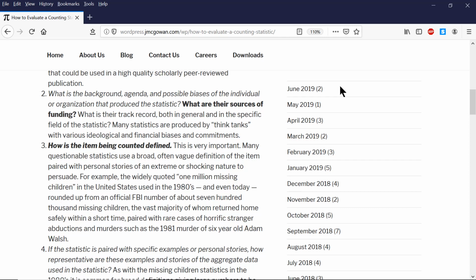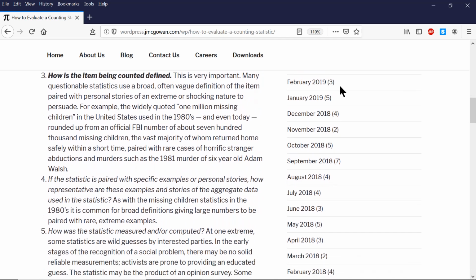Think tanks often have some kind of ideological bias or agenda. They're often funded by somebody. Very wealthy people and corporations are the source of an awful lot of funding of think tanks and other sources. That's true whether you're talking about right-wing think tanks or left-wing think tanks or all kinds of things. Sometimes it's quite unclear why they're being funded. Is it just altruism or is there some hidden agenda?